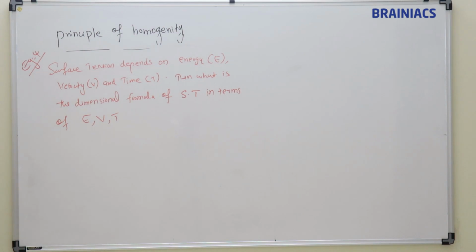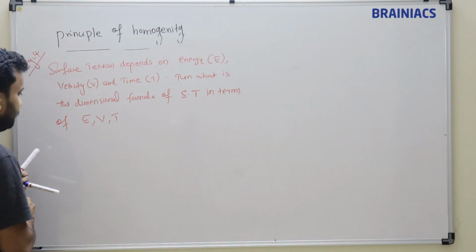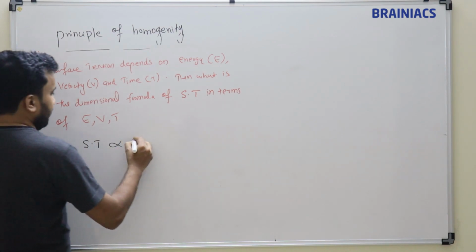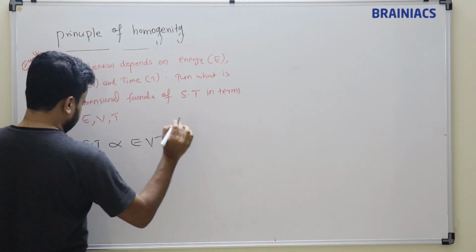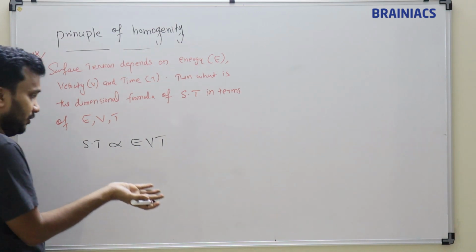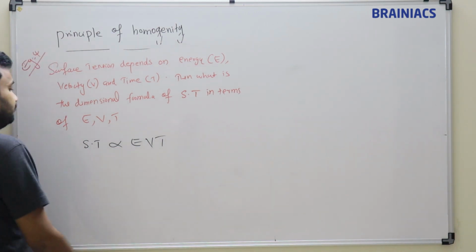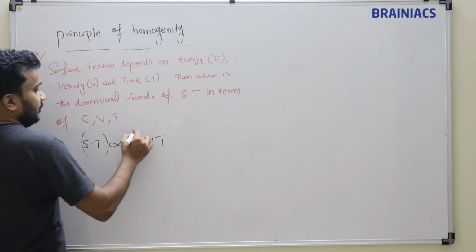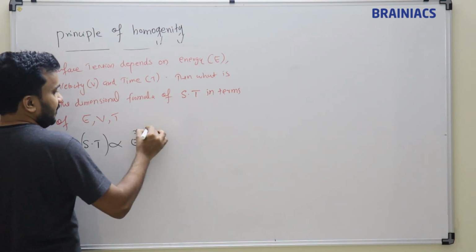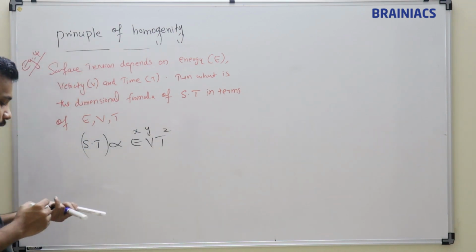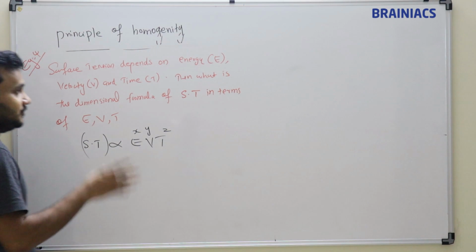On the left hand side we write surface tension, which means surface tension is directly proportional to energy, V and time. You can assume the constant K is equal to 1. So surface tension is equal to energy raised to X, V raised to Y, the same way as before, T power Z.